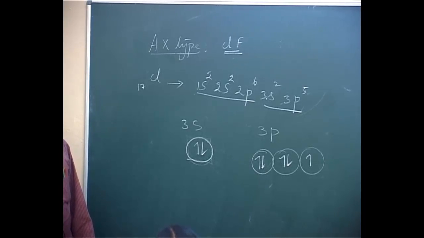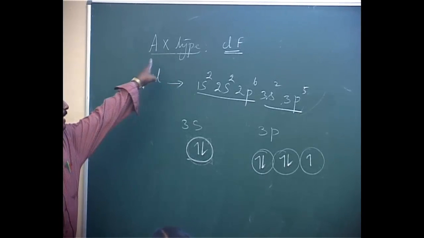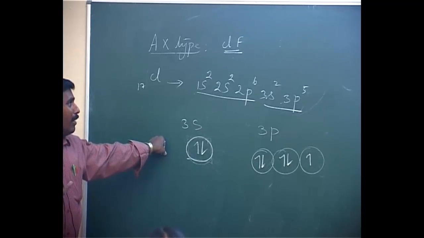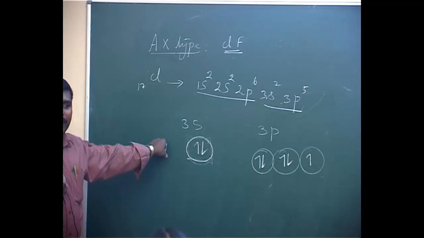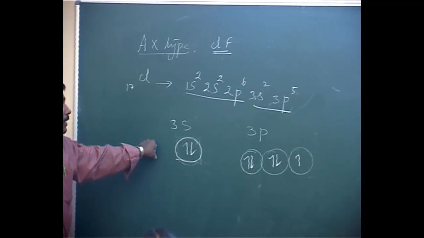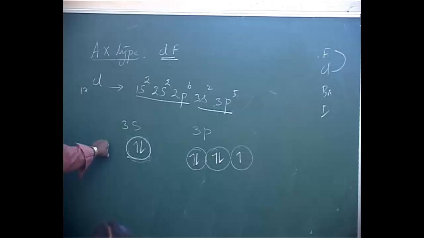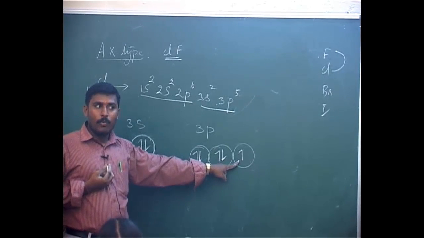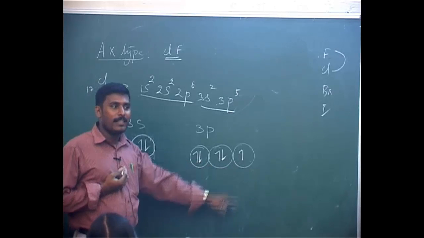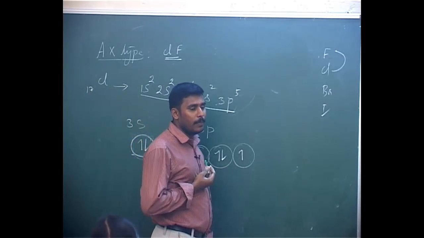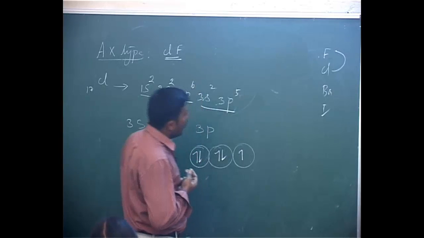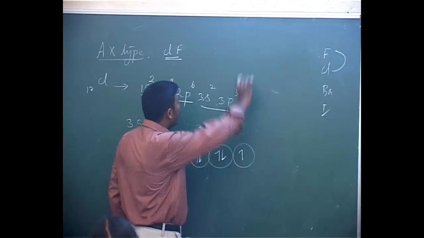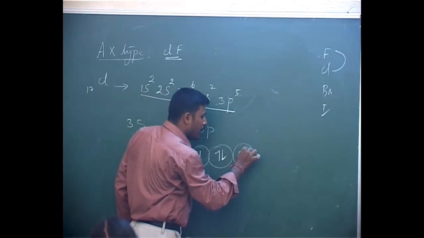Now, how does AX type form? This is A, that means Cl. Now how will F come and join with Cl? In the configuration of Cl, one unpaired electron is present. The fluorine atom contains one electron, no?